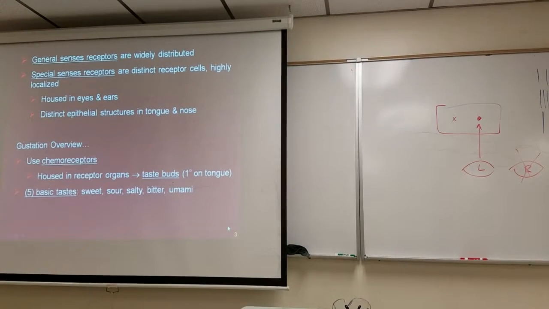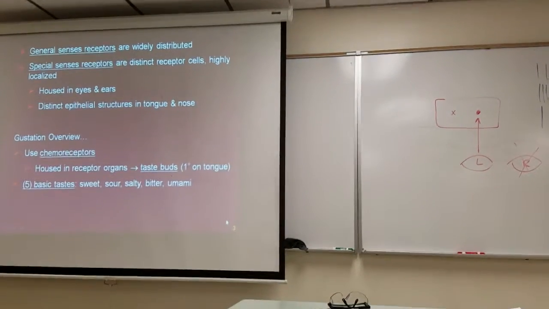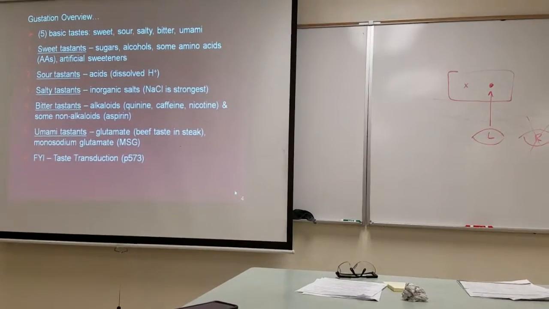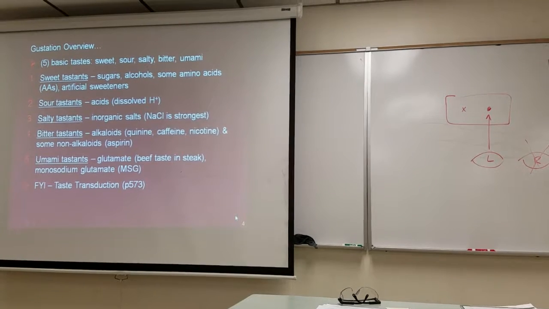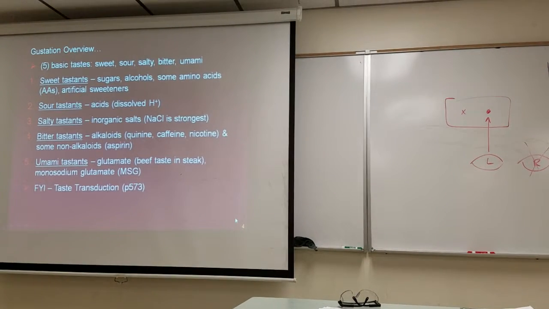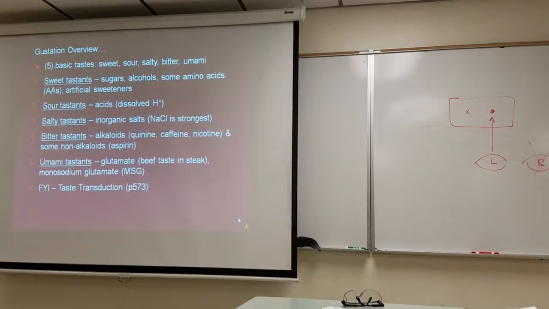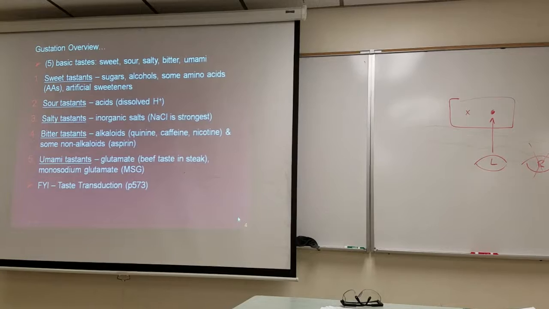And umami was discovered by a Japanese scientist, hence the name. Sweet tastants include sugars, alcohols, some amino acids, like aspartame, and artificial sweeteners. And that's what artificial sweeteners are, non-sugar chemicals that stimulate the sweet receptors.